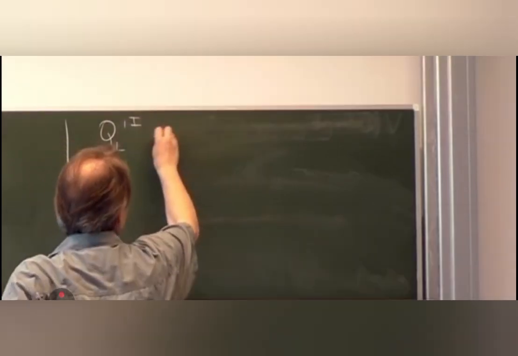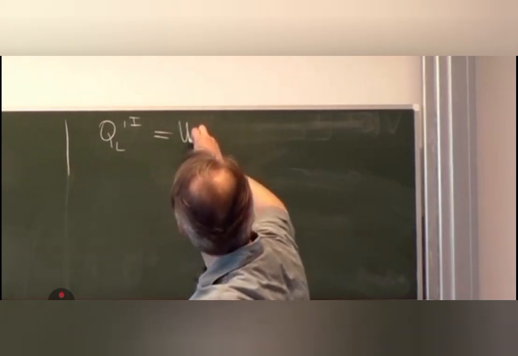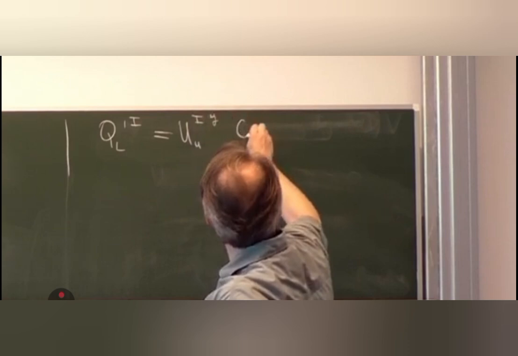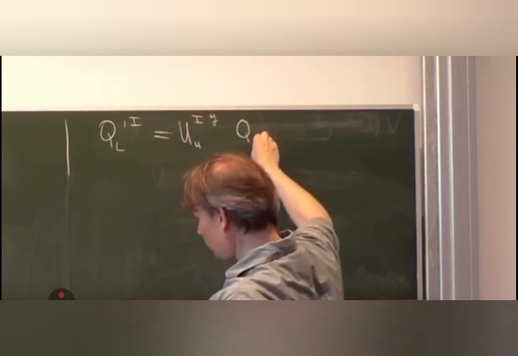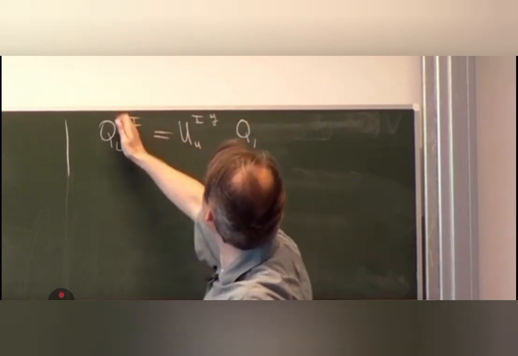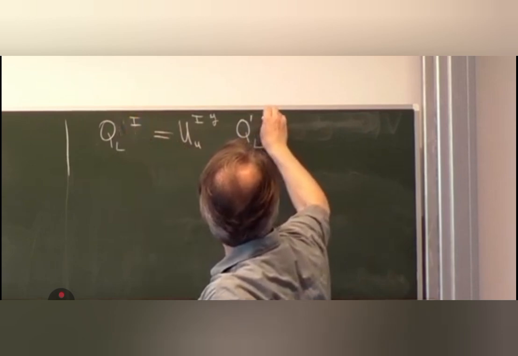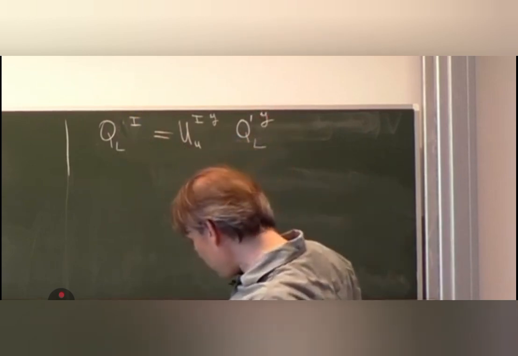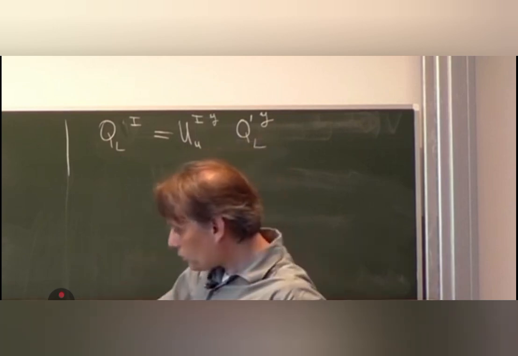Q_L' i is defined, how was it defined? Here, U_ij, no, that was without prime, Q_L' j. Okay, so this was our definition that we had initially.